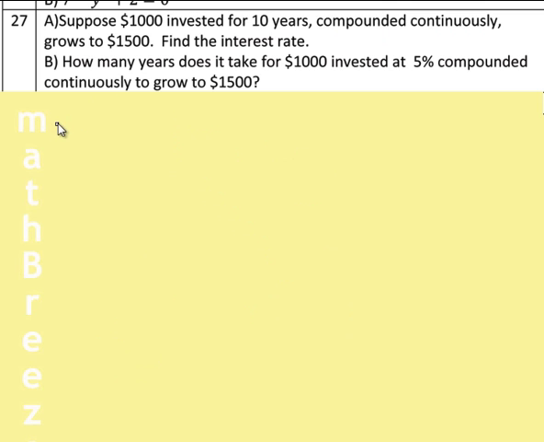Now, part B says, how many years does it take for a $1,000 investment at 5% compounded continuously to grow to 1,500? All right, so again, A equals P e to the rt. So our investment is growing to 1,500, starting at 1,000. And the rate is 5%, that's 0.05. And we want to see how many years it takes.